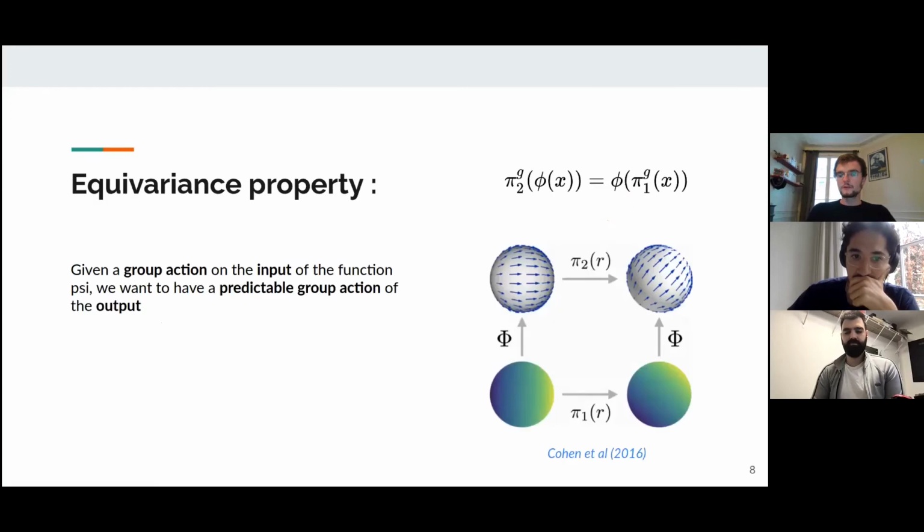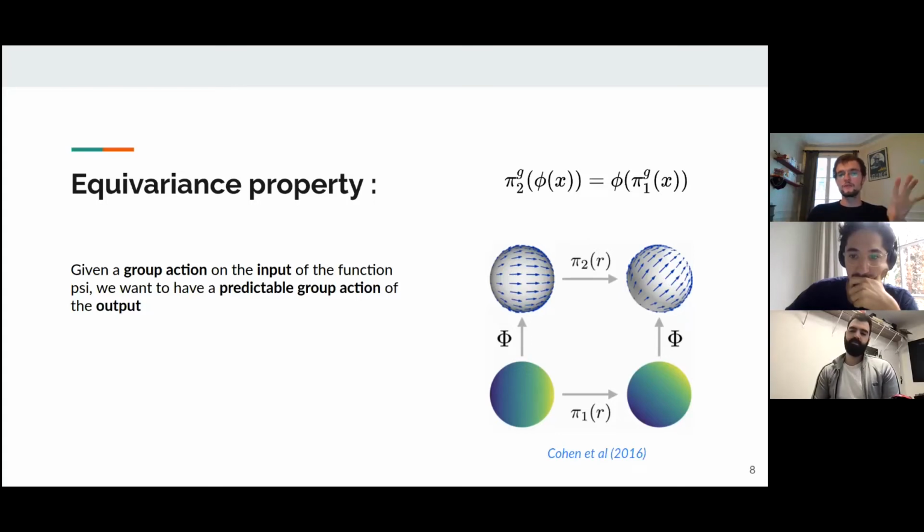Okay, and so finally, the equivariance property is basically telling you that if you have a succession or a set of spaces, and each of those spaces is structured by a group action, so for instance, you have rotation acting on the input and rotation acting on the output, then if you build a function from one space to the other, this function is equivariant if it commutes with the group action of the input and output space.